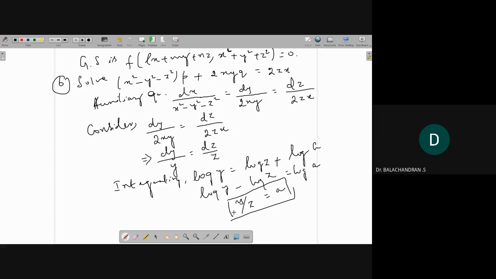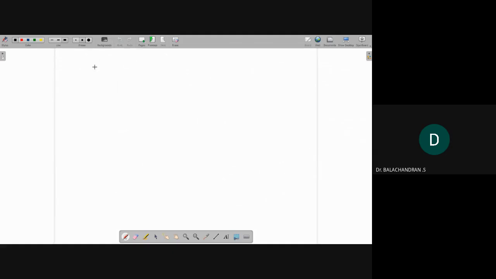So I got one solution. To get the other solution, the method of grouping is not possible here. So that's why I'm going to use the method of multipliers. I'm going to choose the multipliers x, y, z.